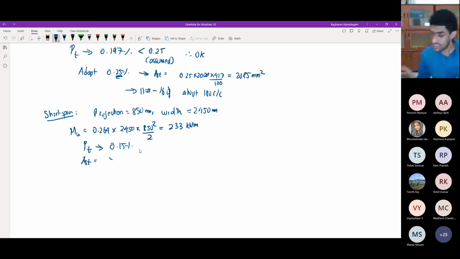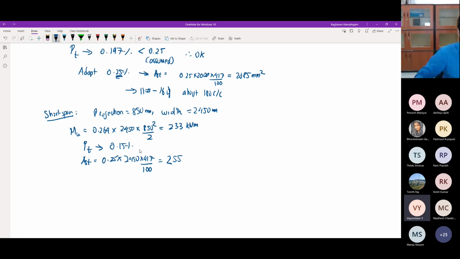With 0.25, it is about 0.25 times 2450 into 417 divided by 100. This comes as 2554.